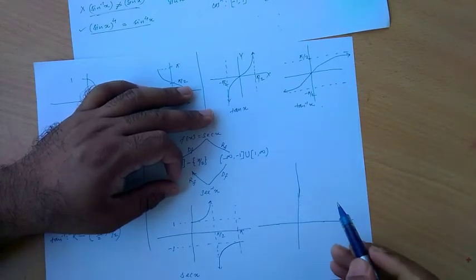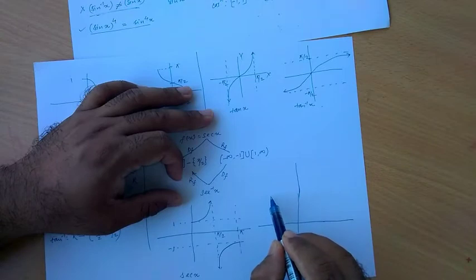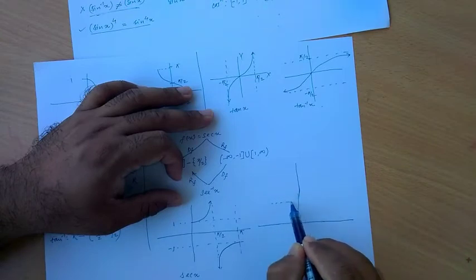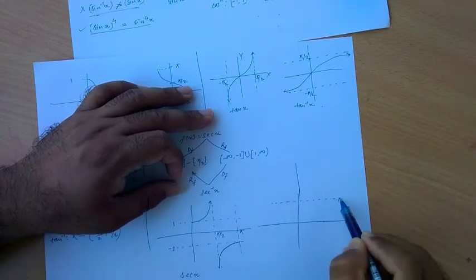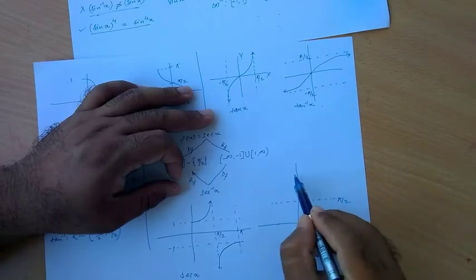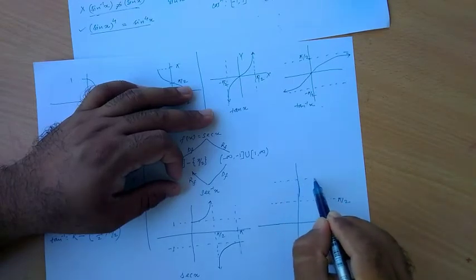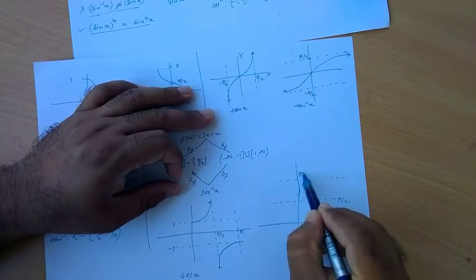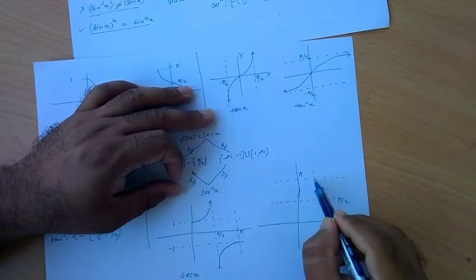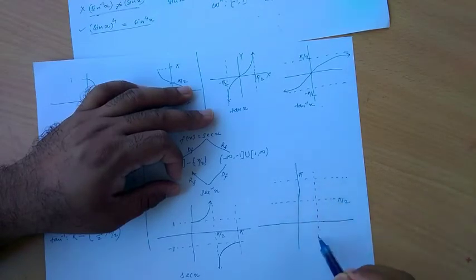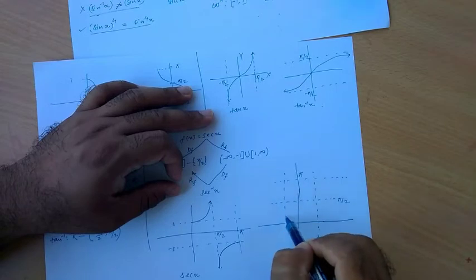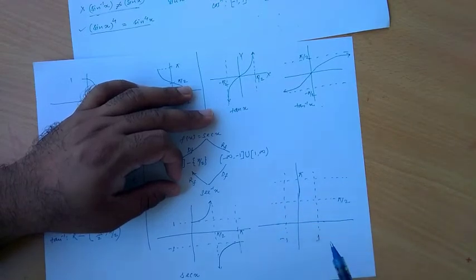So we will consider another graph. Say this is the y-axis. What I'm doing is just drawing. This is pi by 2 and this is pi over here. Let us say this is 1 and this is minus 1.